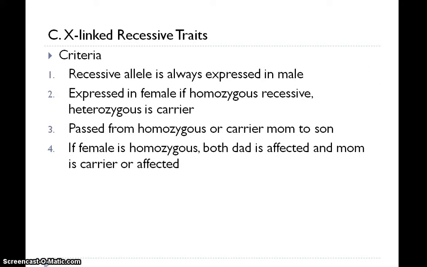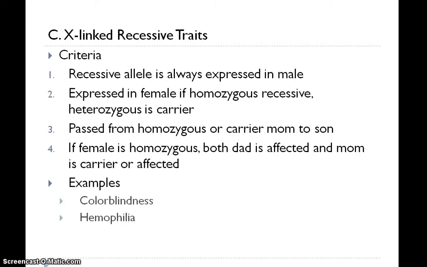If a female offspring is homozygous recessive, she has two X little c's, X little c, X little c. One came from her dad, one came from her mom. Because it is a recessive trait, the dad would be affected. The mom is either a carrier or affected.